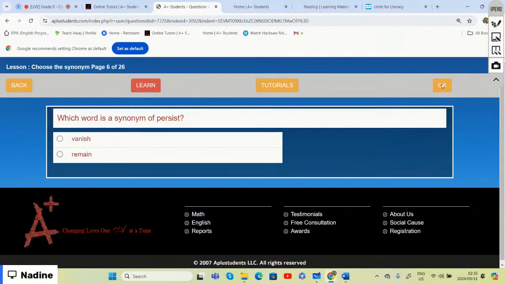Vanish or remain. And the word that's a synonym of persist, we can say it is to remain.